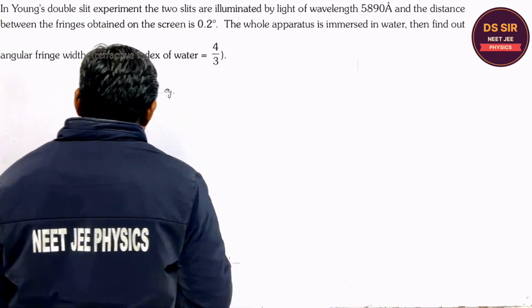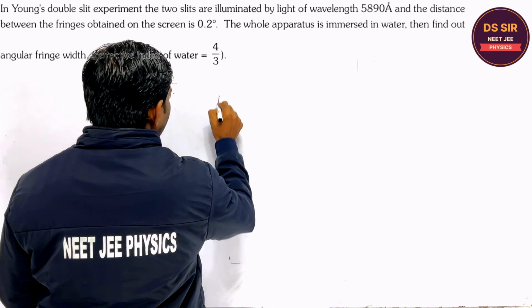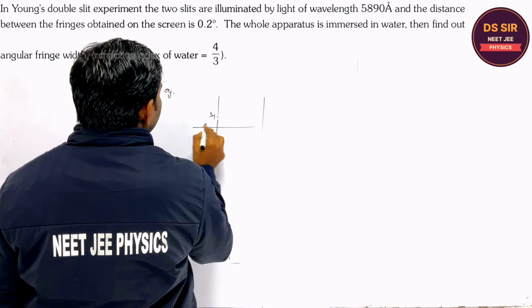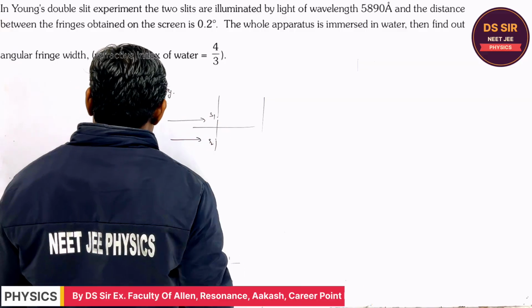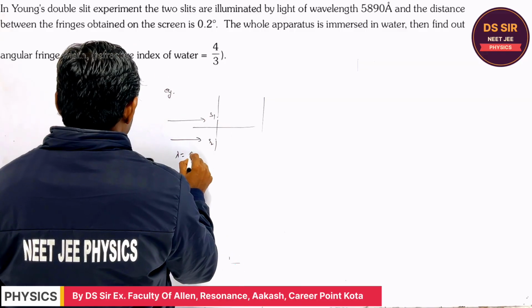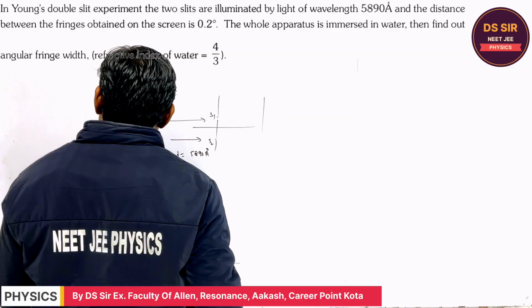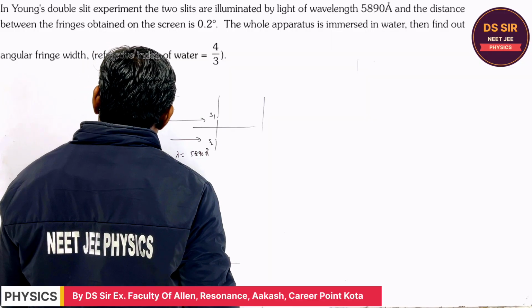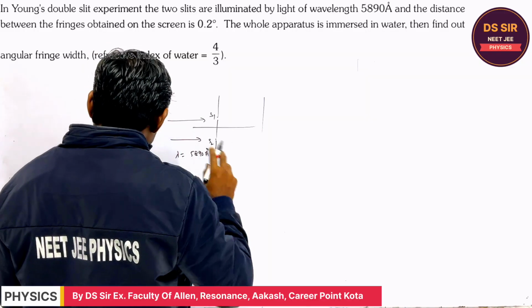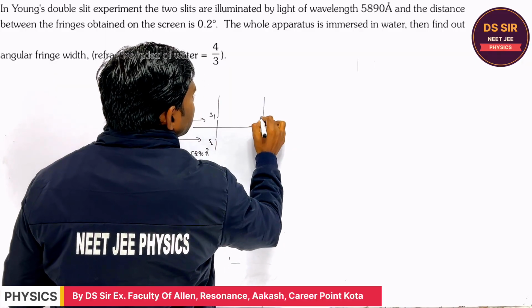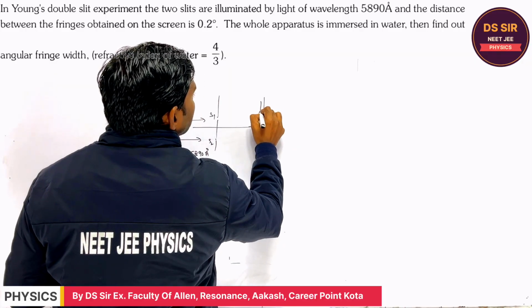So read this question. In the YDSE experiment, two slits S1 and S2 are illuminated by light of wavelength 5890 angstrom, and the distance between the fringes obtained on the screen is 0.2 degree. The distance between the fringes, what does it mean, please tell?